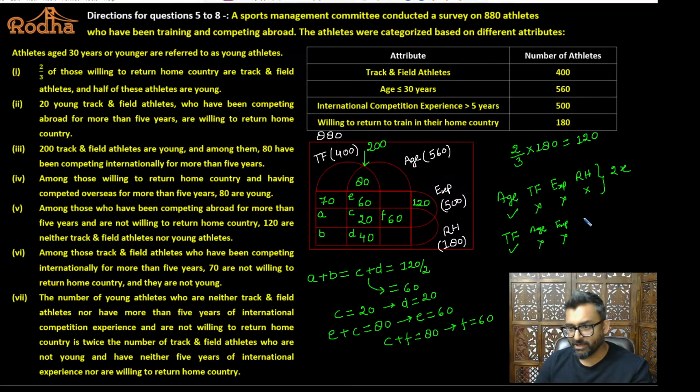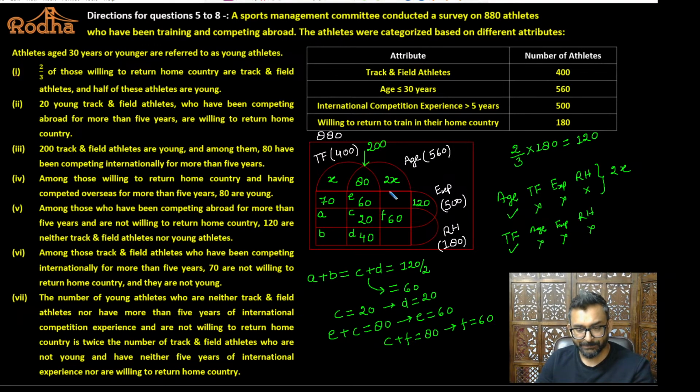And not willing to return to home. So we'll remove this also. That means those who are having only age, that is twice of those who are having only track and field, that is x. Okay, that means only track and field athletes, and the people who are only young, their value is double that of track and field athletes.